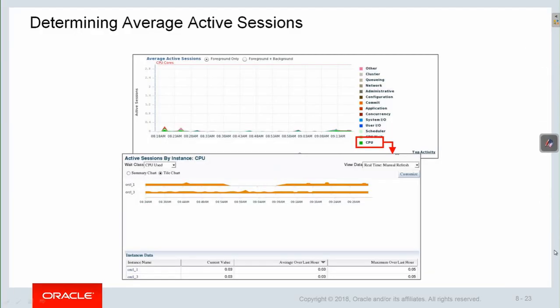And also, by clicking the CPU link, you can see whether CPU activities are mostly from one of the instances, or balanced across instances.